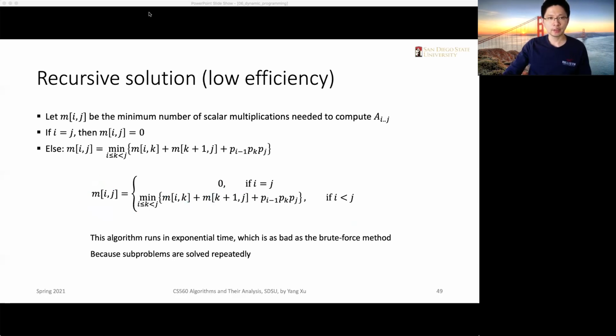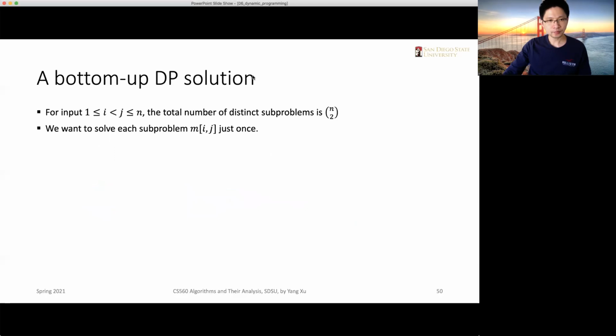It's actually the same solution here. We want to iterate over all distinct subproblems, avoid solving the same subproblem twice, solve each just once, and solve the smallest subproblems first.